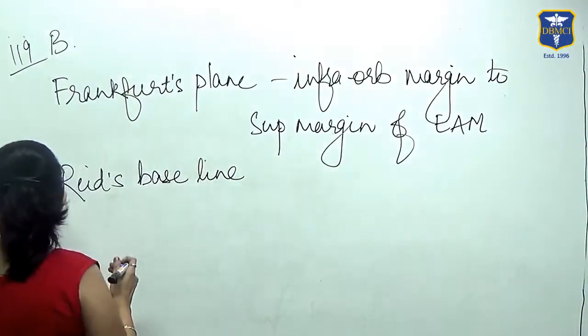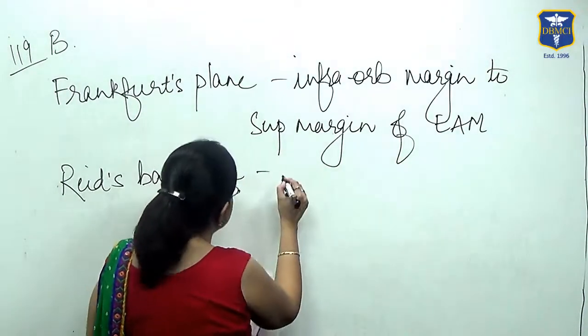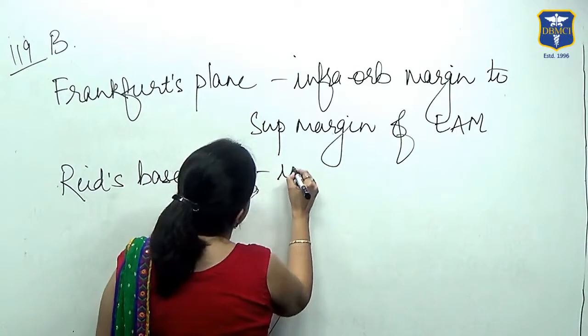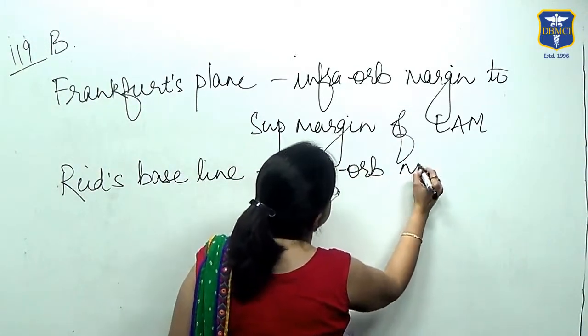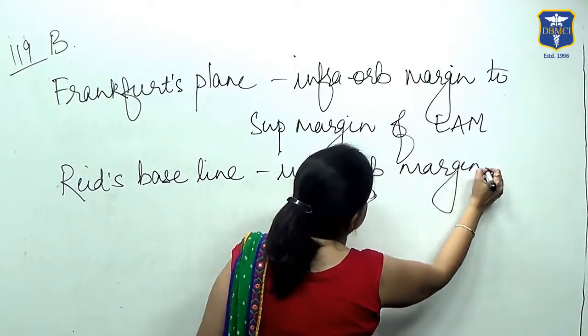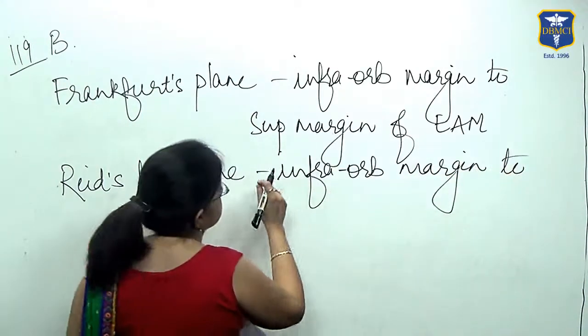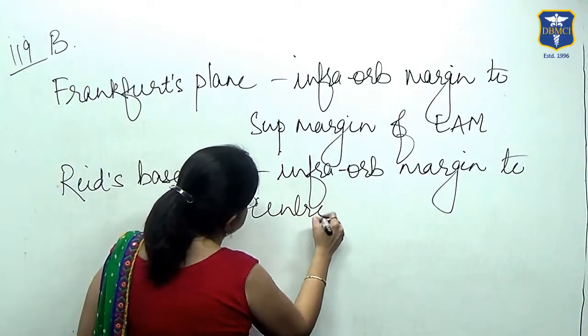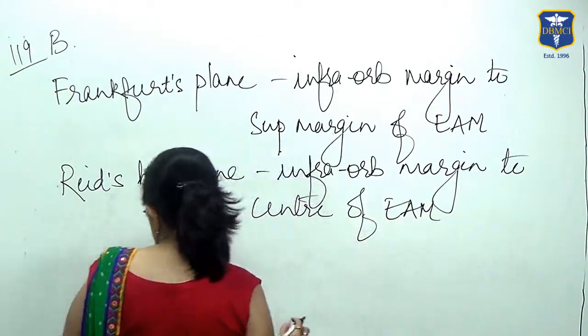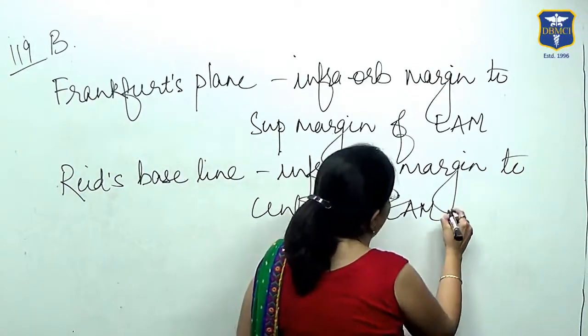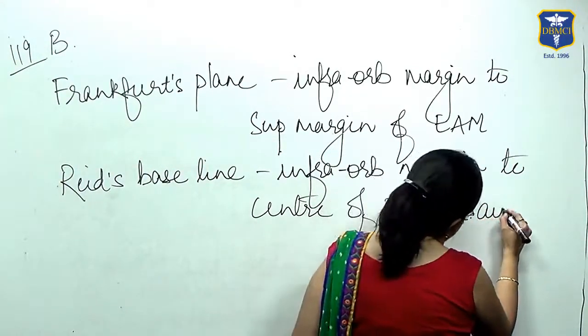Whereas in Reid's baseline, this is a horizontal line joining the infraorbital margin to the center of external acoustic meatus. This is the auricular point.